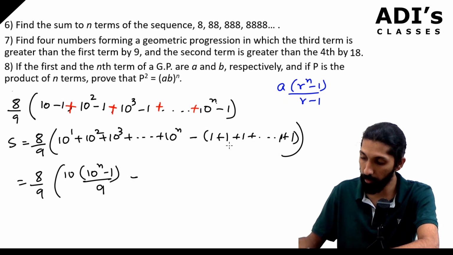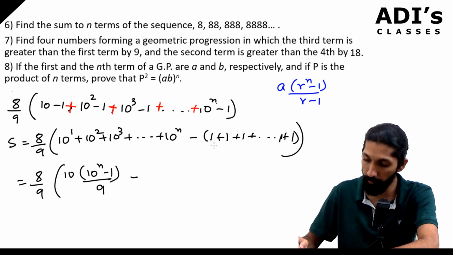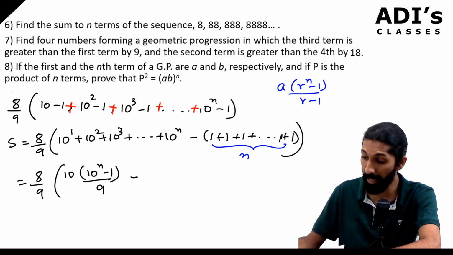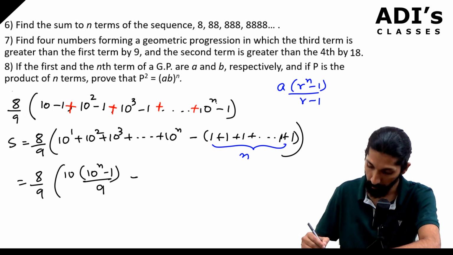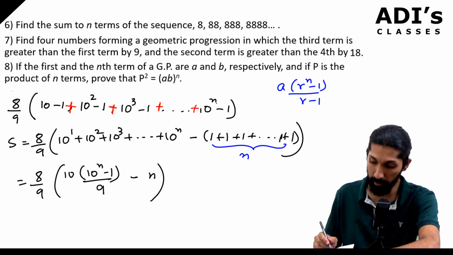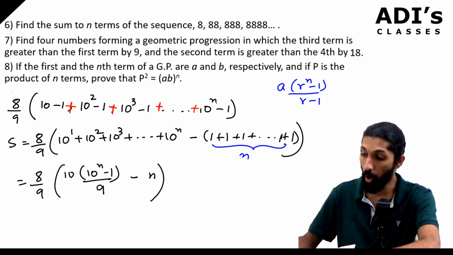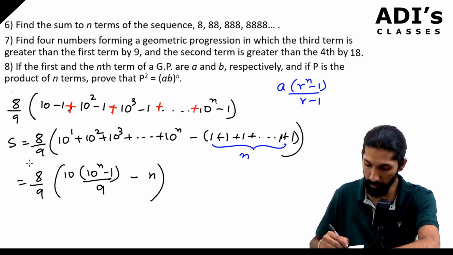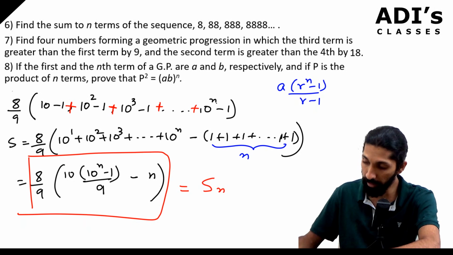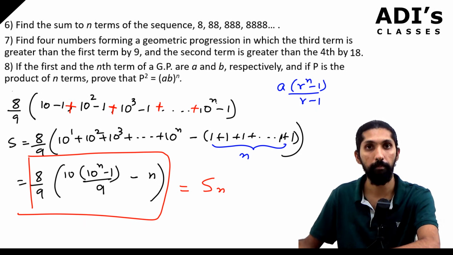Minus 1 into 1 into 1 into 1. There are n number of terms, correct? Or you can say n times we have 1, which is nothing but n. See, you can either simplify this by taking LCM, or you can just keep this as it is as the sum to n terms of the GP.